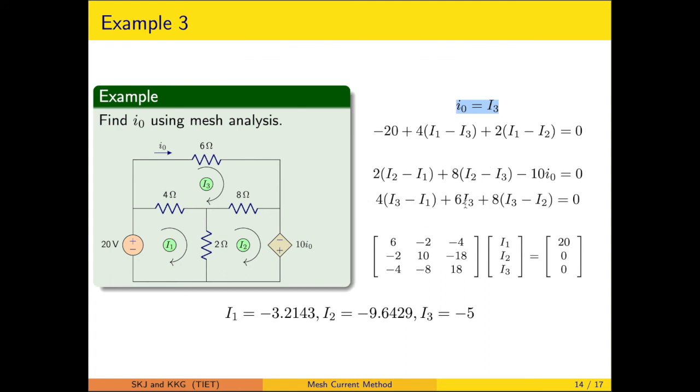Here as well, when these equations are rearranged, the matrix is not symmetric. So we have to observe this care: we can write this matrix form simply by inspection only when independent sources are there.